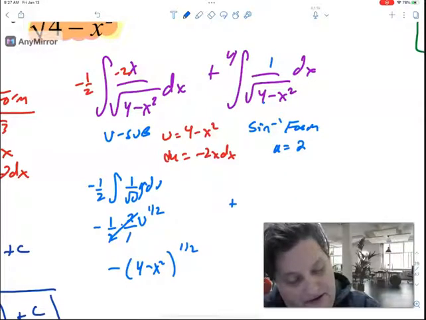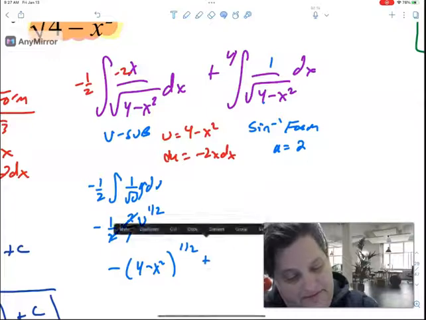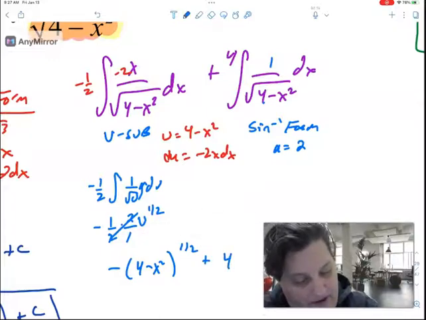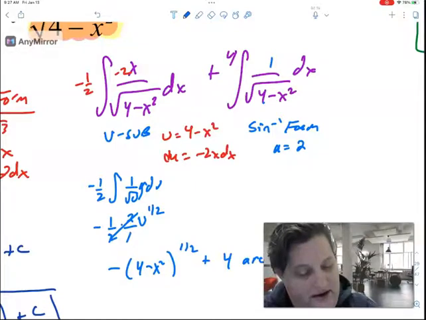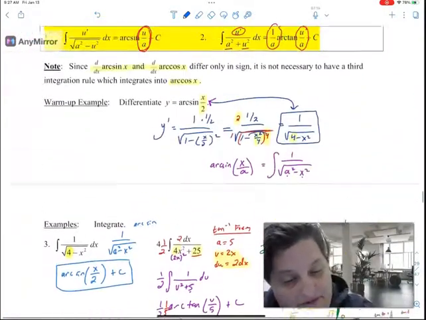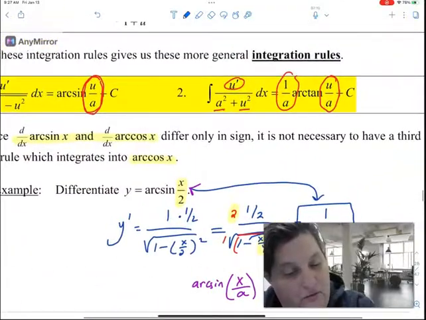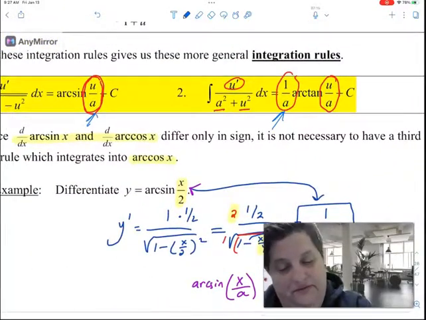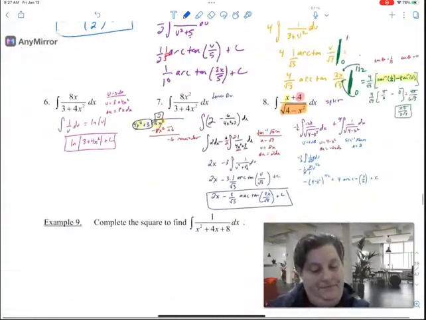So this one becomes a 4 on the outside, and it just becomes arcsine of x over 2 plus c, because remember on arcsine, we don't have to put that 1 over a thing in here. Okay.